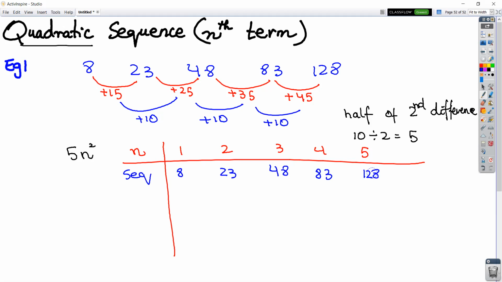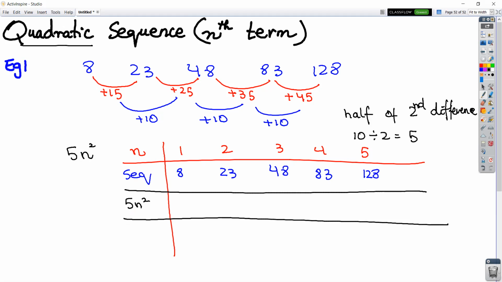Because we already know the first term of this quadratic sequence is 5n squared, the next column would be 5n squared. So now I'm going to find the values for 5n squared. When you substitute n as 1, 1 squared is 1, times 5 is 5.